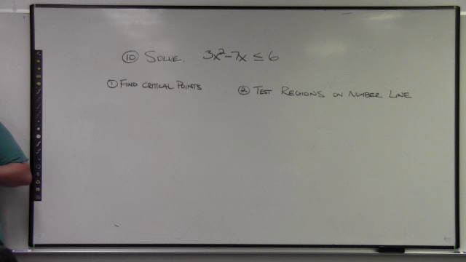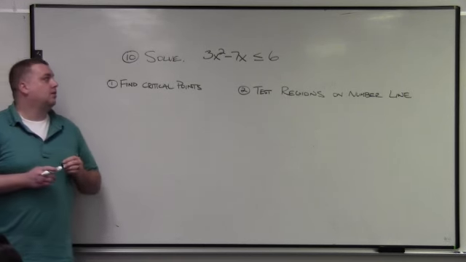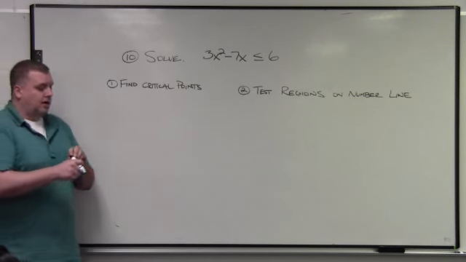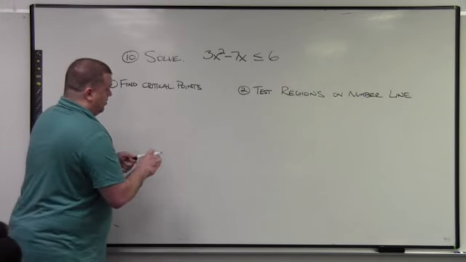It's a quadratic inequality. So the first thing we have to do is find critical points, because we have to split up our number line to check regions to see where our quadratic inequality is true. So how do I find the critical points?